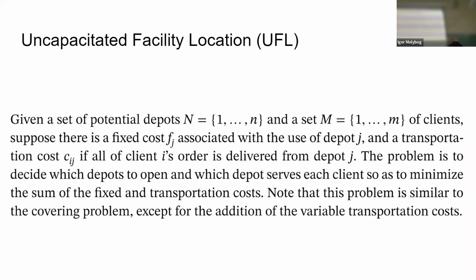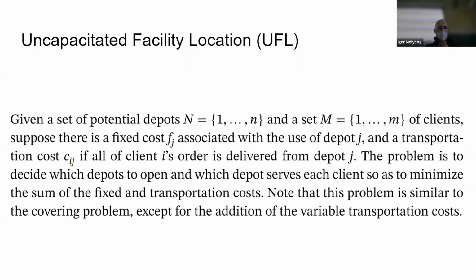So how we can imagine this problem is having a bipartite graph. You have the depots and you have clients, and you have a matrix of Cij that depicts the relationship between the depots and the clients.